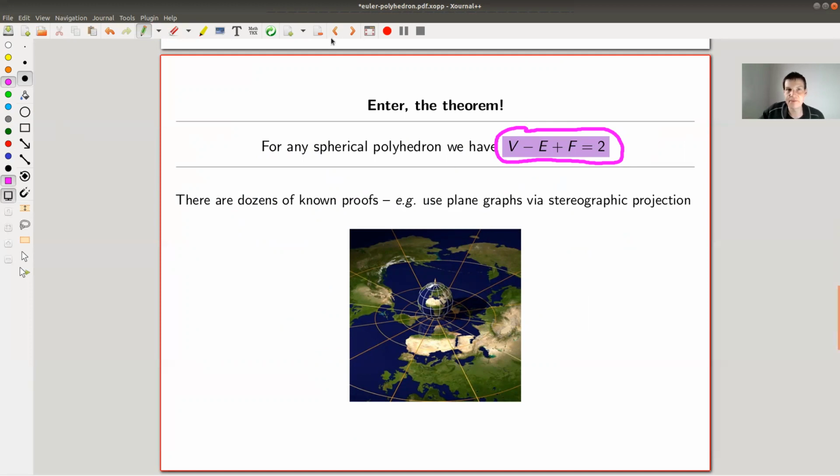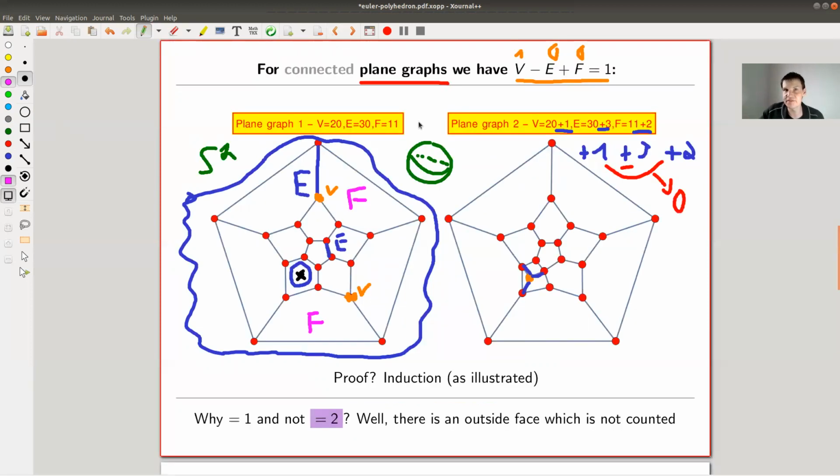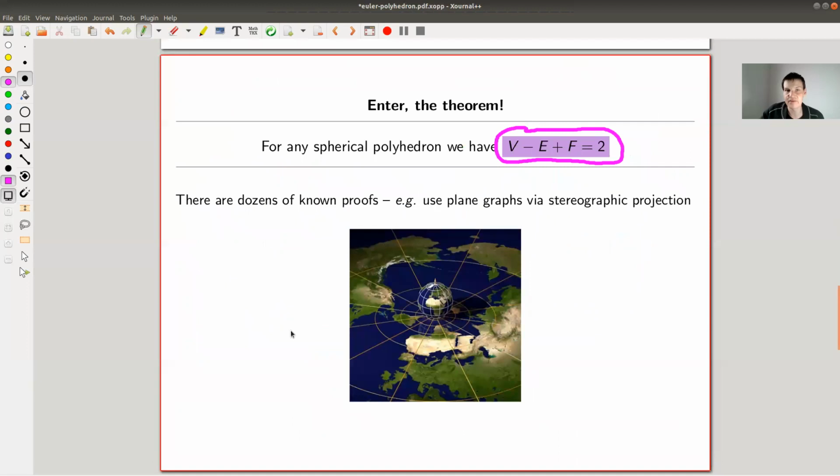And Cauchy's proof is exactly using the stereographic projection, and you all know what that is because you have all seen maps of the Earth. It's basically flattening the sphere.